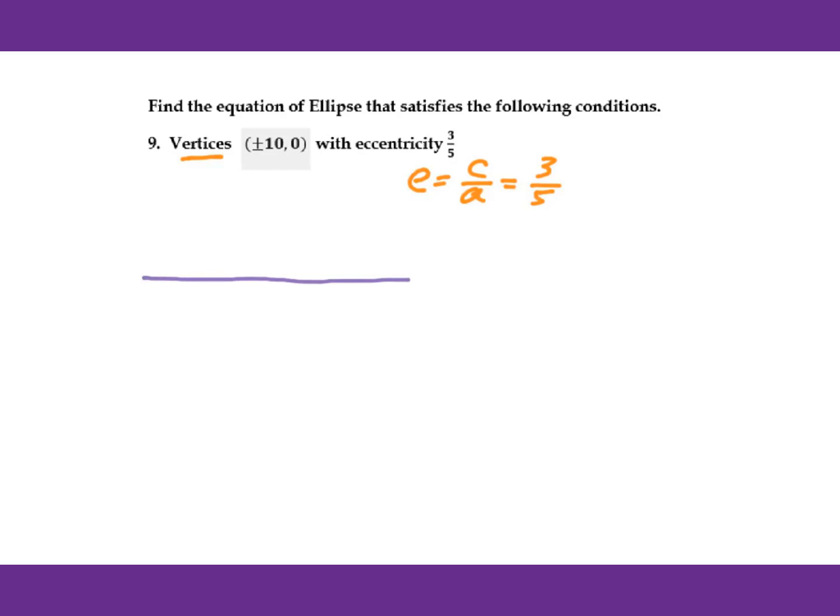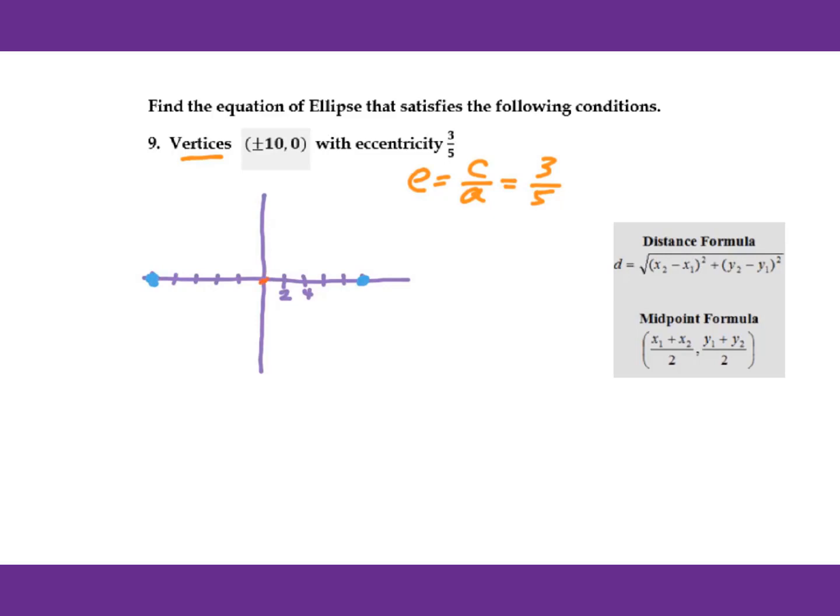For the vertices, that's plus or minus 10. So we just sketch the graph. Each one is 2, 4, 6, 8, 10.